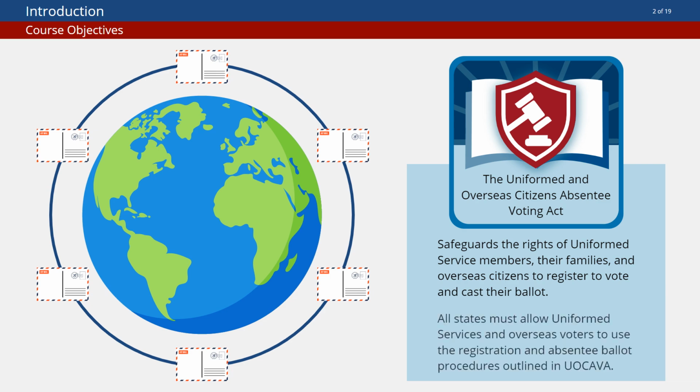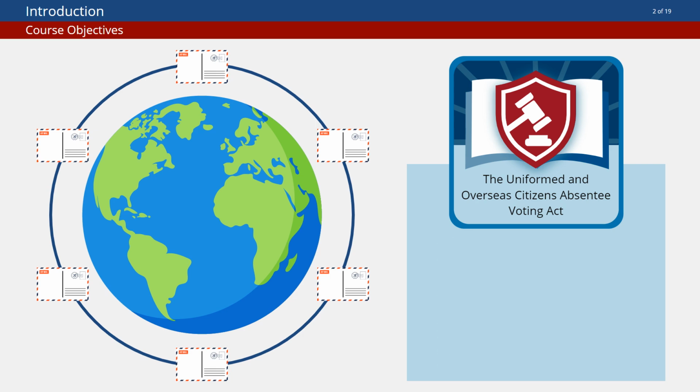All states must allow uniformed services and overseas voters to use the registration and absentee ballot procedures outlined in UOCAVA in elections for federal office, meaning primary, special, general, and runoff elections. Additionally, states may extend UOCAVA requirements to state and local elections.